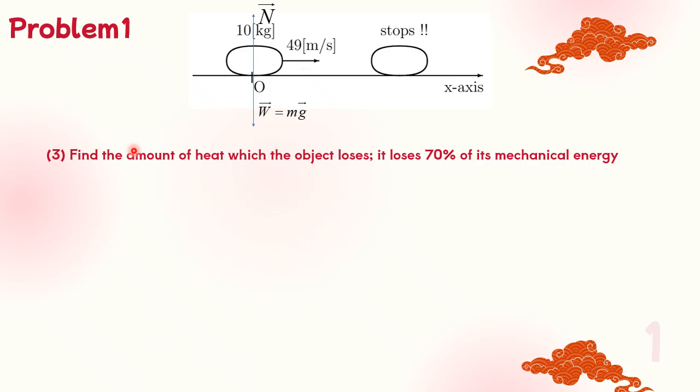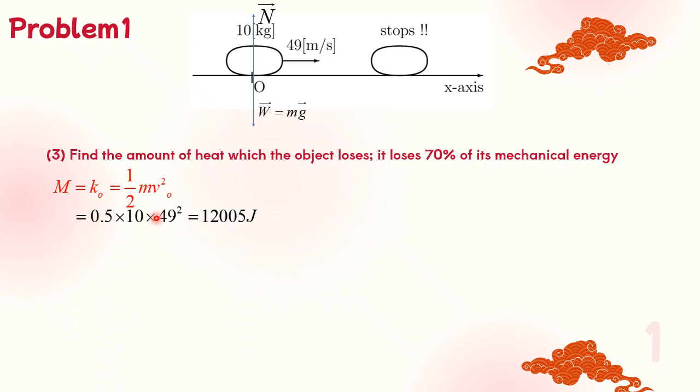So we have to find that amount of heat. The first thing is to find the mechanical energy. Since it's on the surface, it has no potential energy. So the only energy that it has is kinetic energy, which equals 1/2 mass multiplied by v squared.